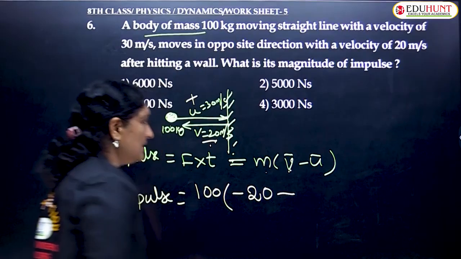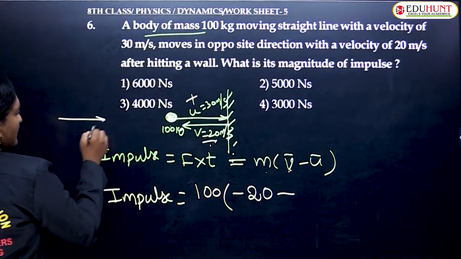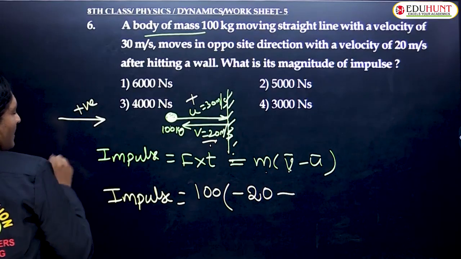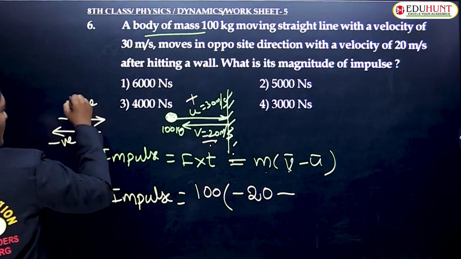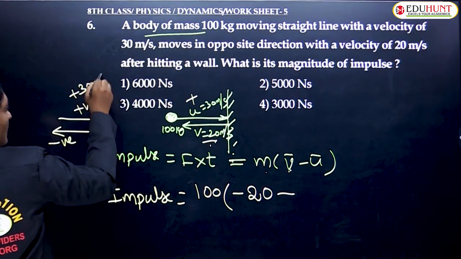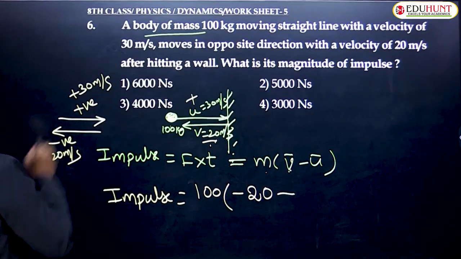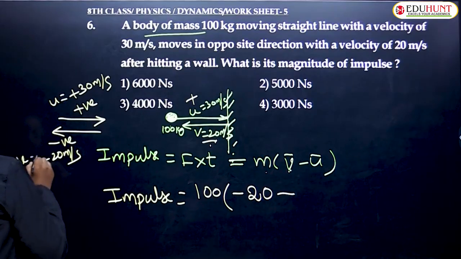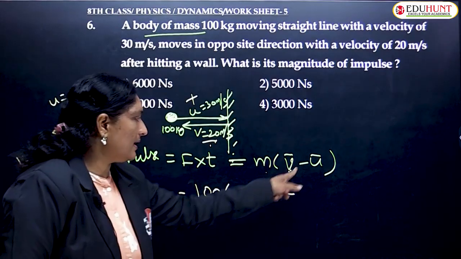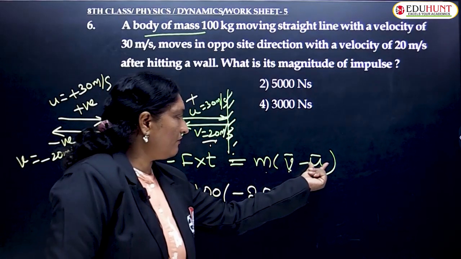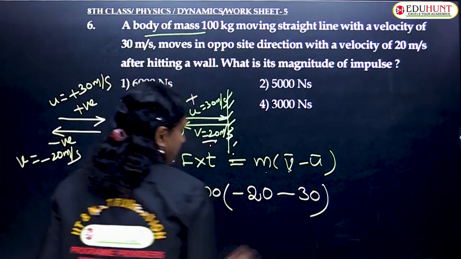U means how much they gave? 30 meter per second. Positive x-axis I took as positive value, and negative x-axis I took as negative. So this is my plus 30 meter per second, and the opposite direction is minus 20 meter per second. This is the value of U, and here the value of V. So instead of V, I replaced minus 20, this minus as it is, and instead of U, what is the value of U, children? Plus 30 meter per second.